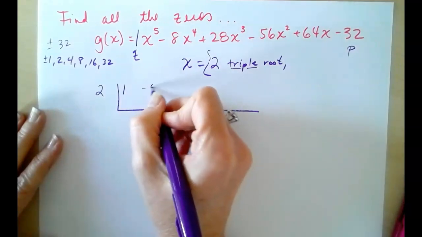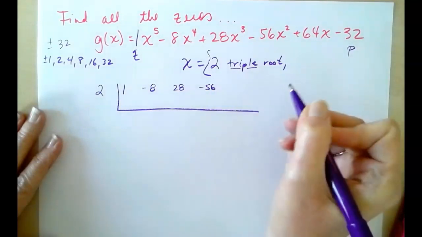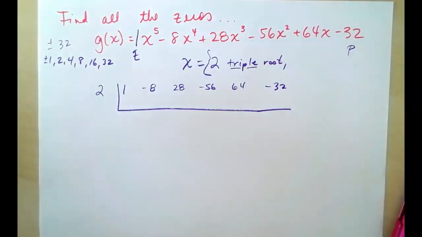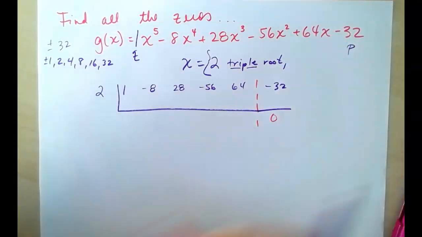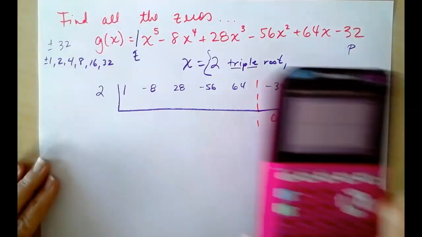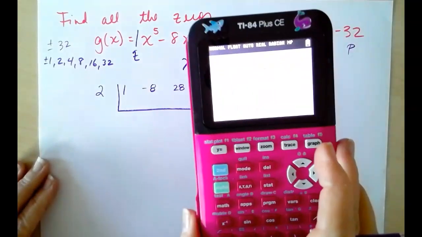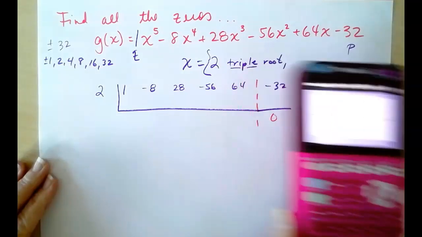So 1, negative 8, 28, negative 56, 64, and negative 32. And remember, we are expecting a 0 remainder. If we don't get a 0 remainder, then something's wrong, because we can see on the graph here that we have a triple root going on at positive 2.